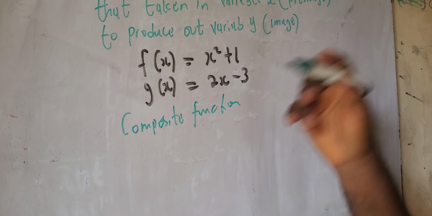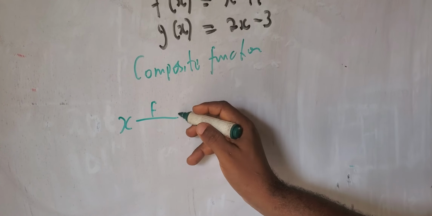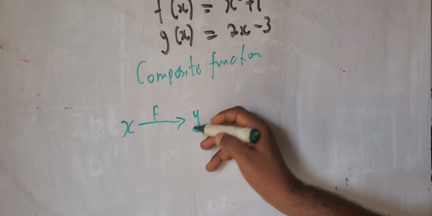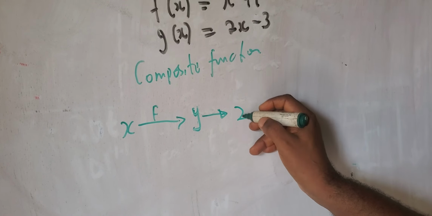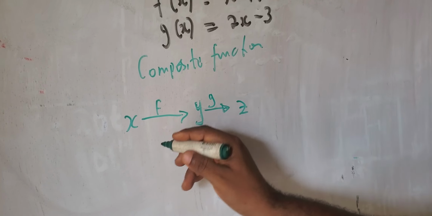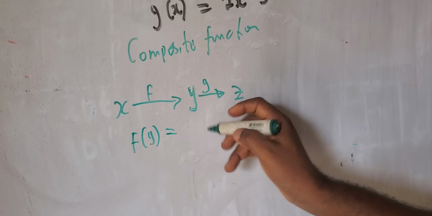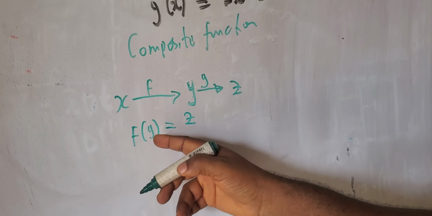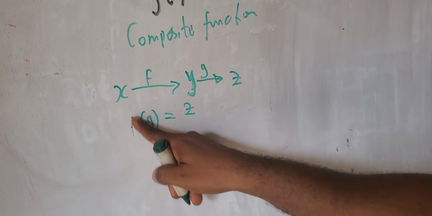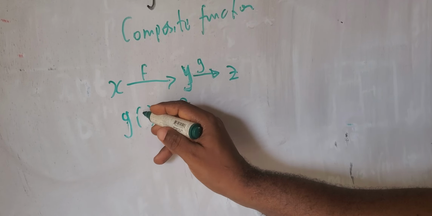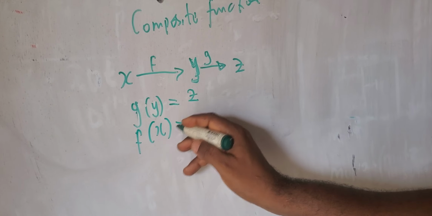What this one is talking about is that, let me say I have an input x, and then the function f is performed on x to produce a y, and if this y now serves as another input to produce z, and the function is g, then g of y produces z. f of x produces y.